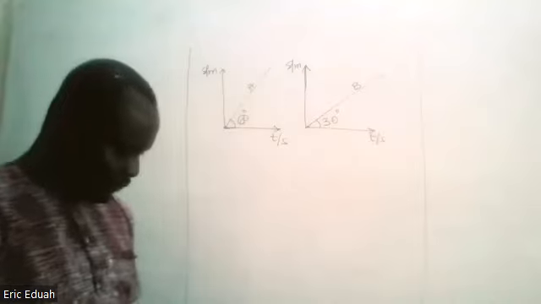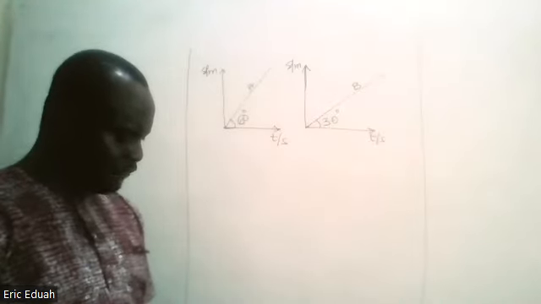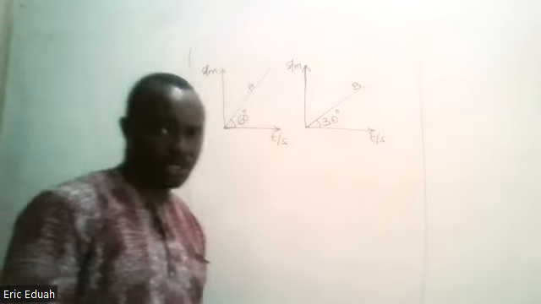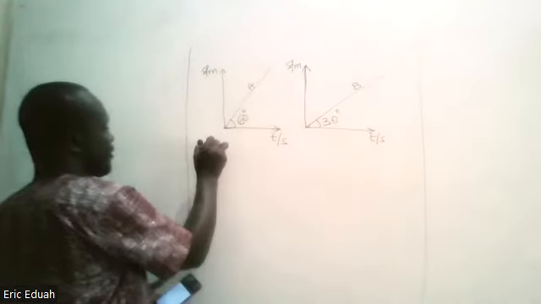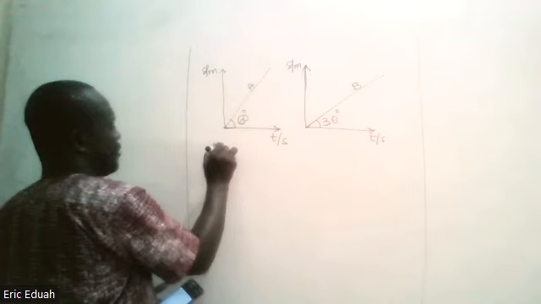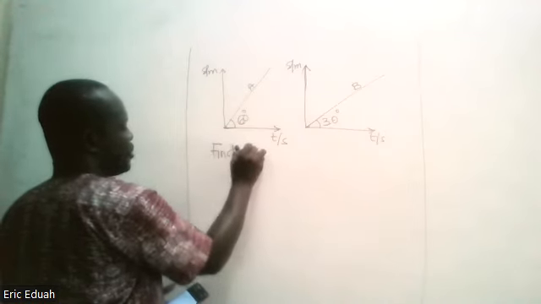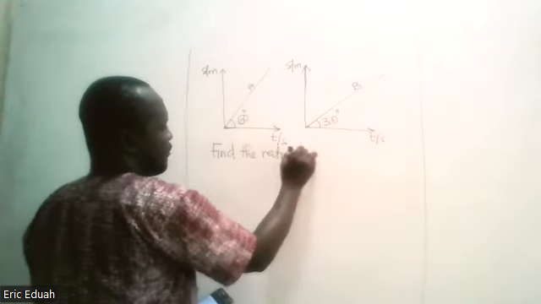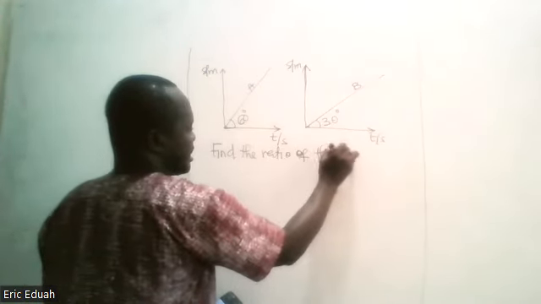The question is: find the ratio of their speeds or velocity. Find the ratio of their speeds.